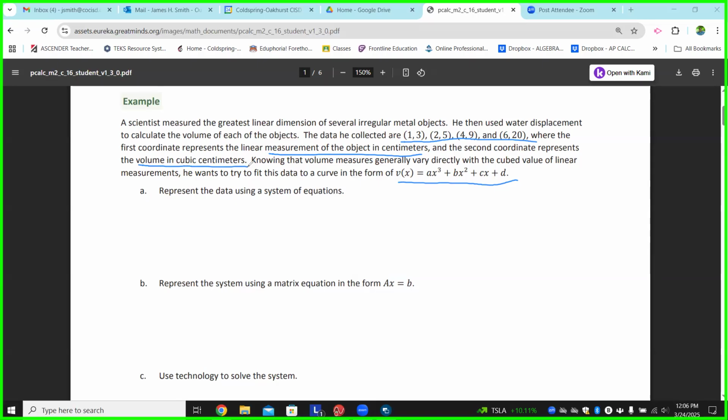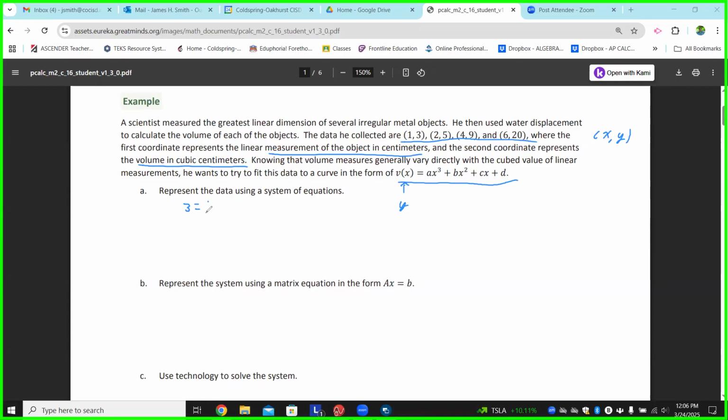All right, so with that all said, if I know these are coordinates and they're labeled typically as X and Y, these right here are X's. What is f(x) a fancy way of saying? A Y. So I can actually produce 4 equations with just this information alone. And this is how. If I look at (1, 3), I'll plug in 1 for all of my X's and 3 in for my Y. And when I do that, I would get 3 equals, what is 1 cubed?